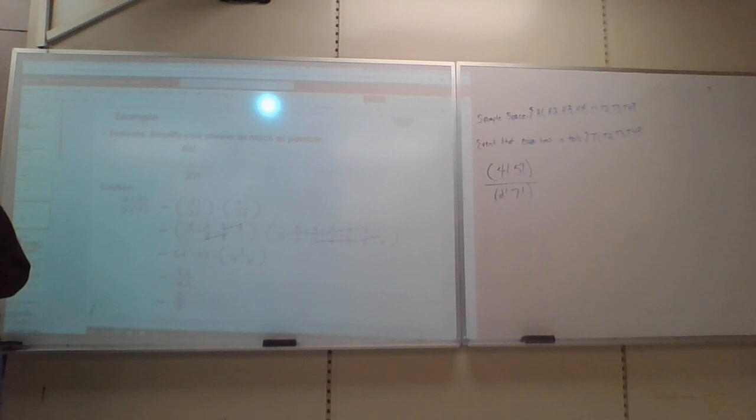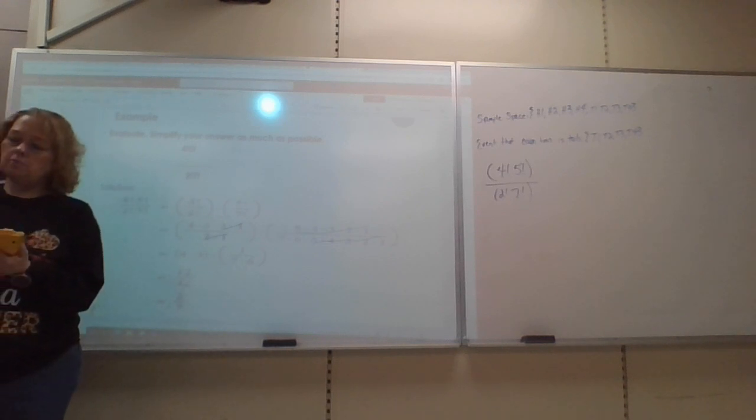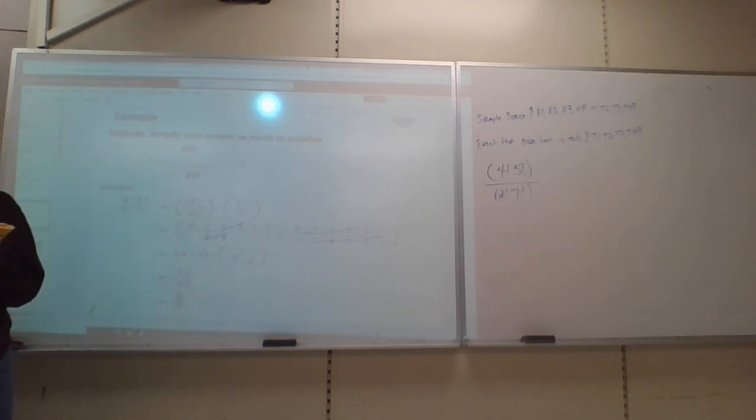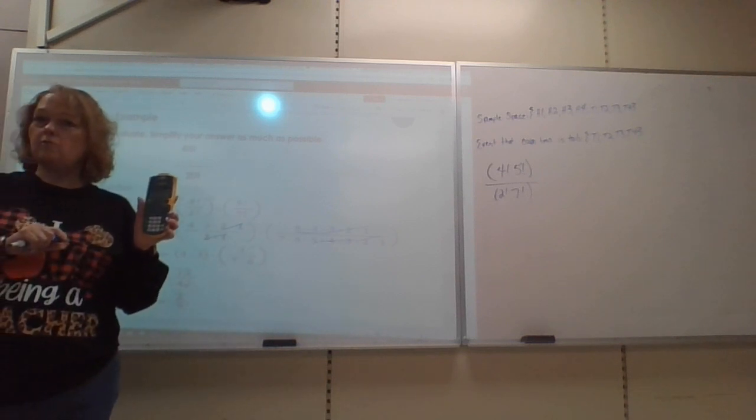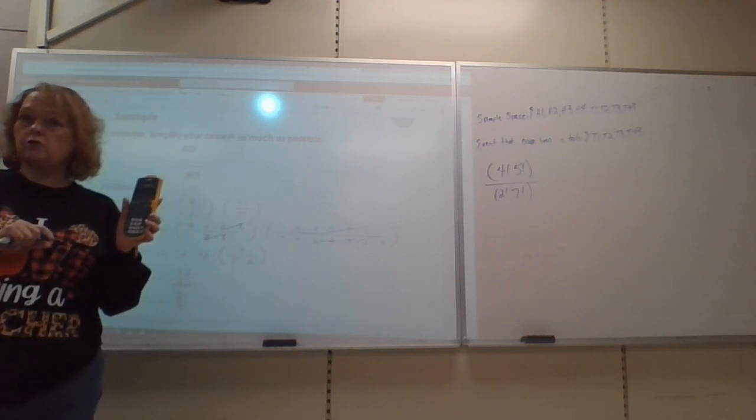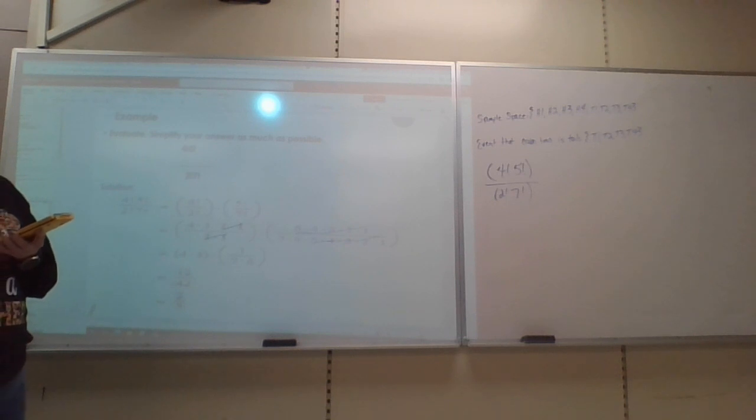You guys get that? Then you can go ahead and push divide. Also going to tell you that your calculator can go from decimal to a fraction. So it's a 2 PRB and a 7 PRB.